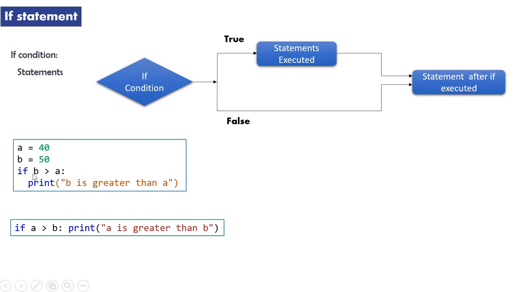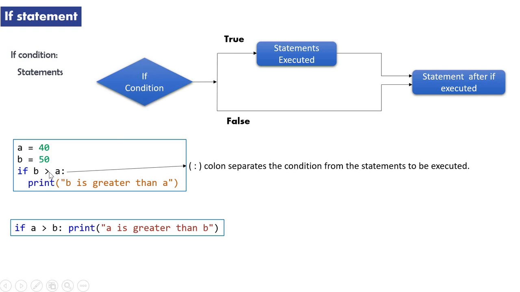If b is greater than a, and you must use this colon, because this colon separates the condition from the statement to be executed. What do I mean? This colon separates this condition from the statement, right? So if b is greater than a, then what will happen?